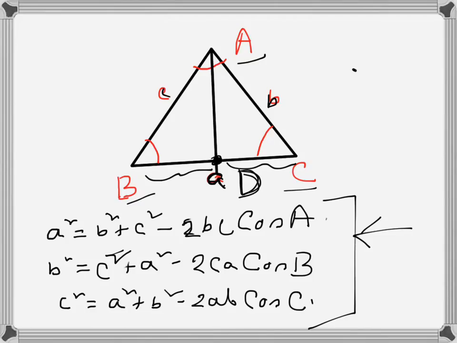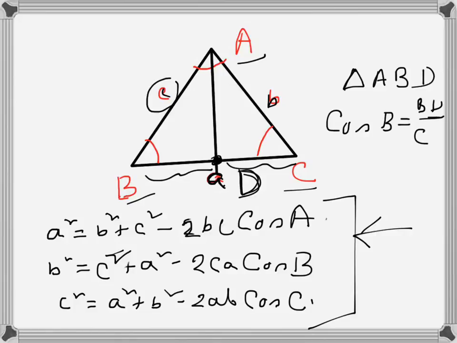Now, when we look at the right triangle ABD, and the angle here is B, we can write cos B, from the basic definition of cosine, is BD over c, because BD is the adjacent arm and c is the hypotenuse.